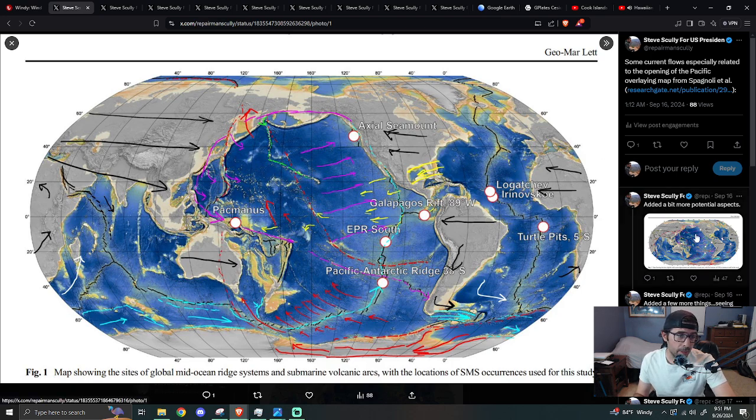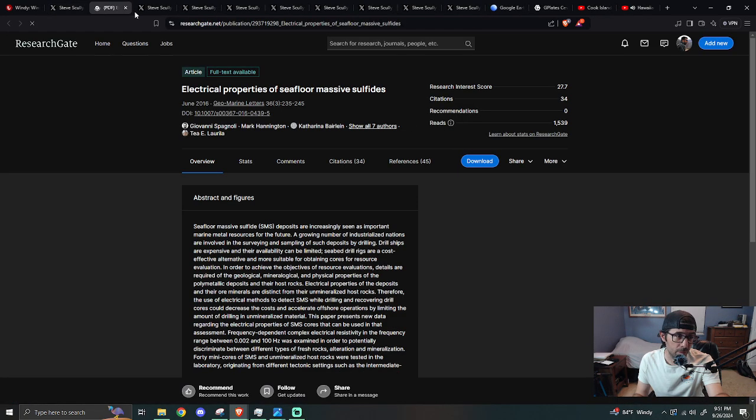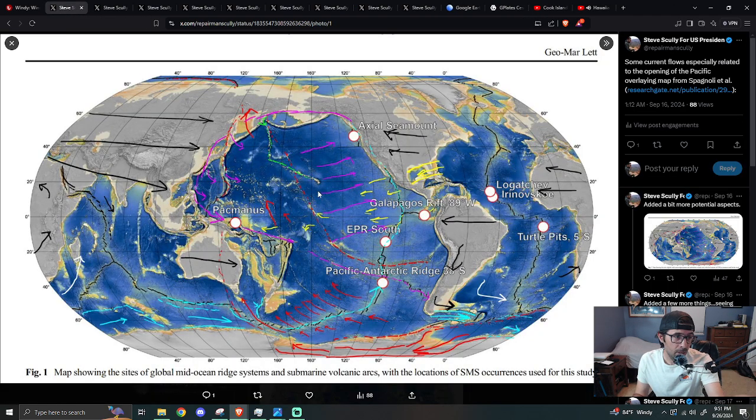So then we've got, also this base map here is from Spagnoli et al., which is linked here. I'll just click it real quick from this paper. I was just looking for a good world ocean map, and it had terrain texture, so I was like, good, this map works.